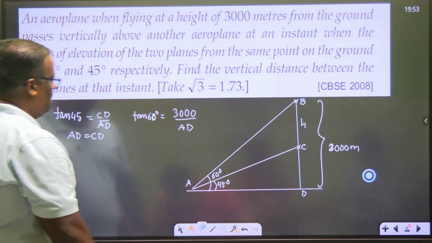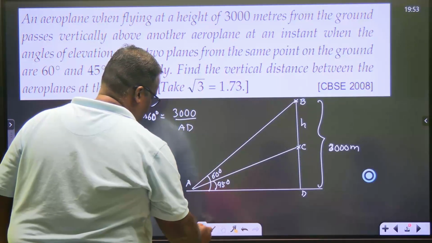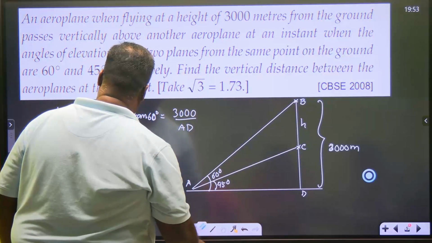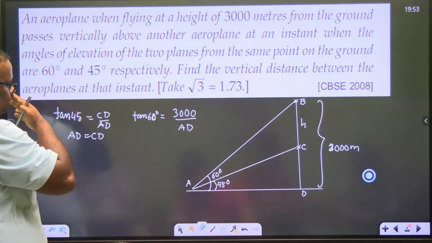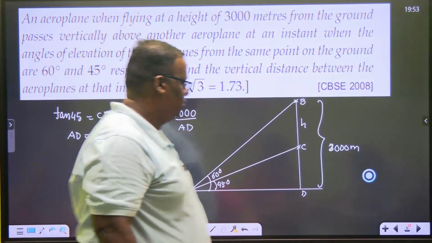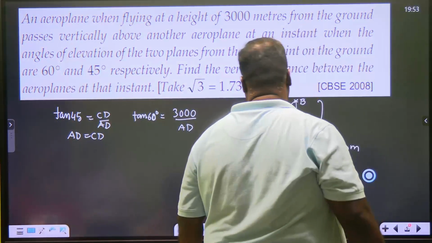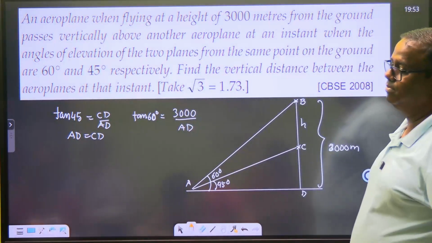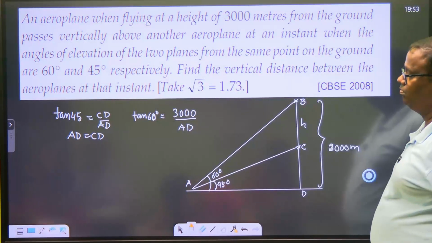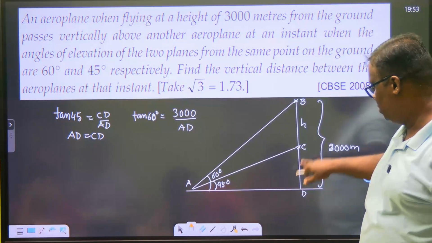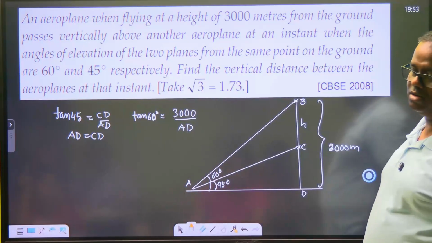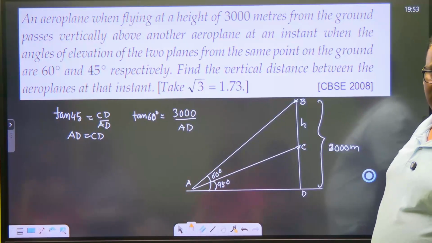H plus AD. These two are actually equal in length.